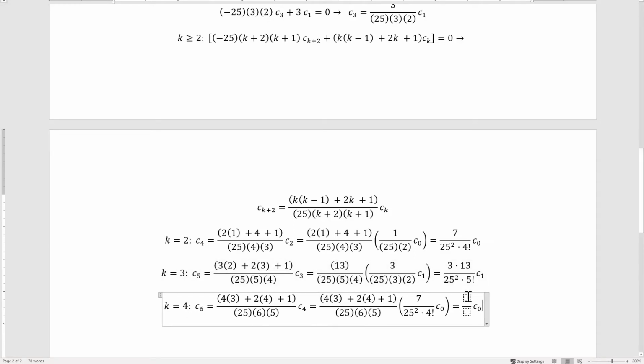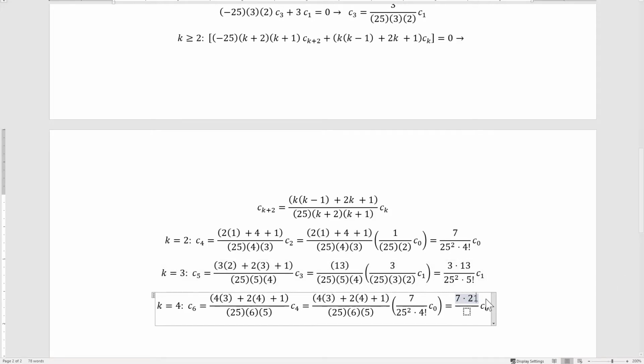Our numerator is going to be 7 times, and then we have a 12 plus 8, that's 20, plus 1 is 21. So we have a 21 times 7 in the numerator. We have 25 squared.